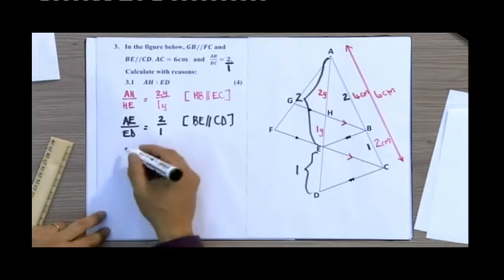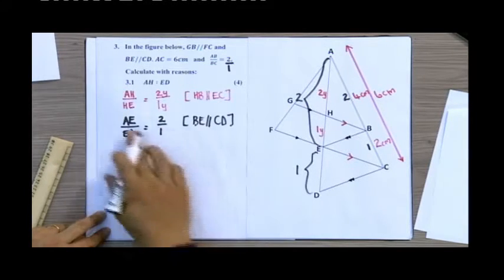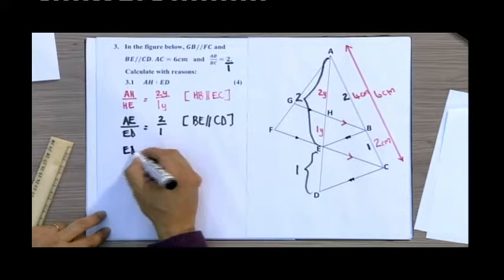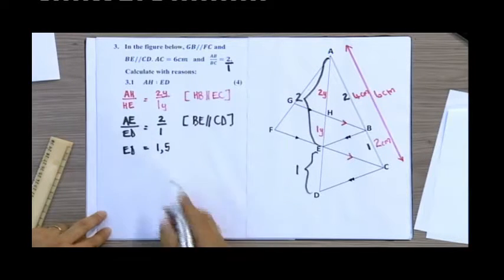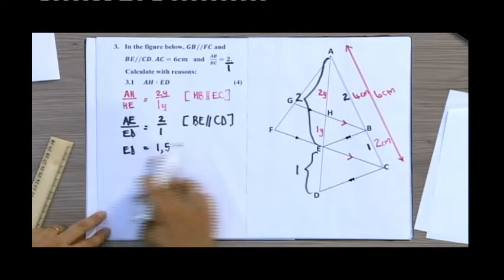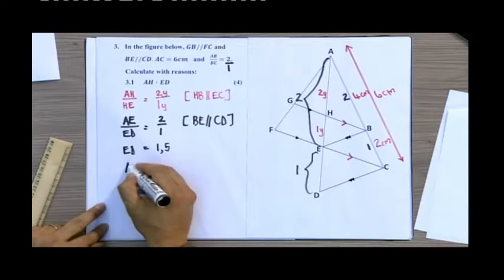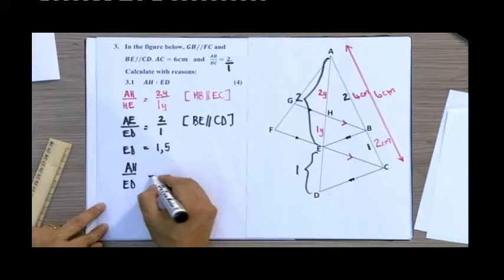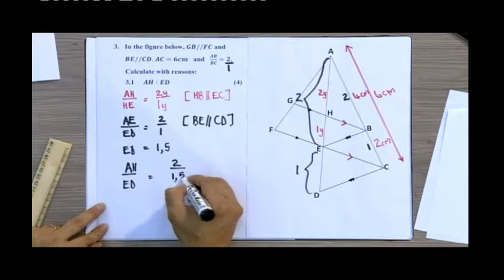So ED, if we cross multiply, remember, because we can do cross multiplication, we're going to work out that ED is going to be 1,5. Remember, if we cross multiply, we can get to this answer. And therefore we can write AH over ED, which gives you 2 over 1,5.